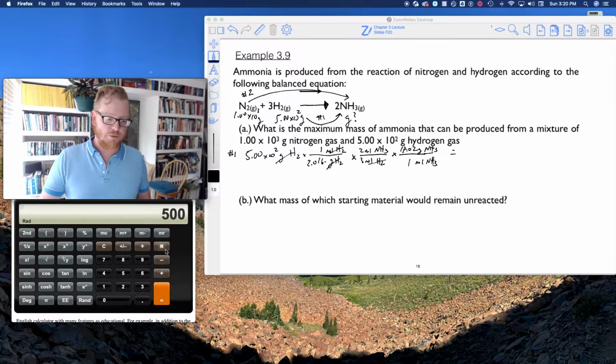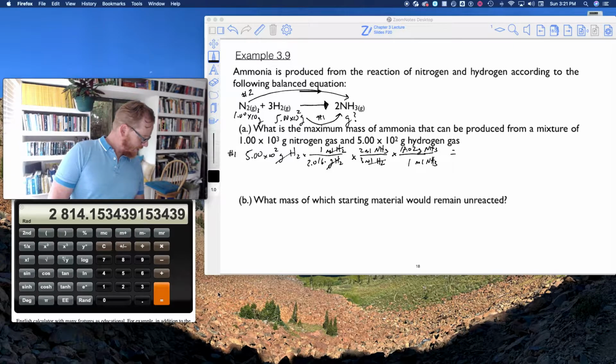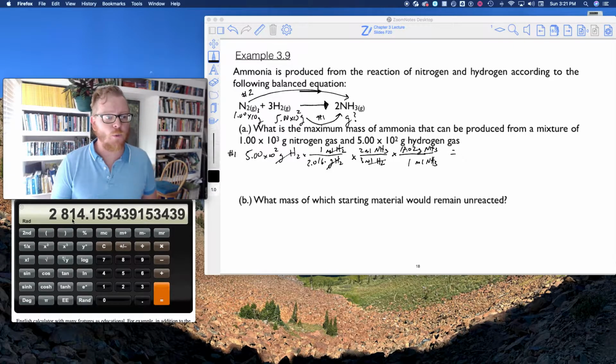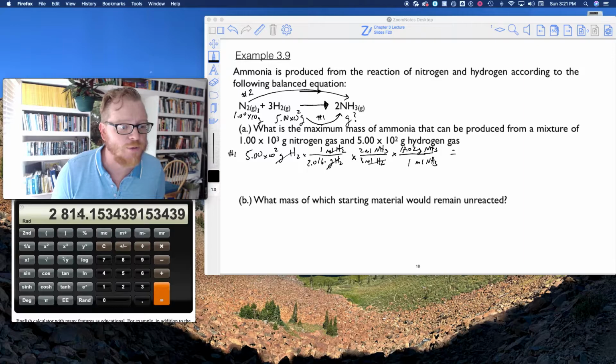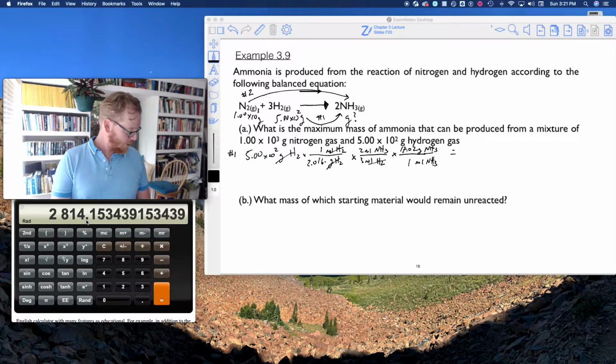So 500 times 1 is 500, times 2 is 1,000, times 17.02 is this number, and then divide by 2.016 equals, and then divide by 3 equals. And I get, yes, so the way this calculator works, that's 2,814, okay?